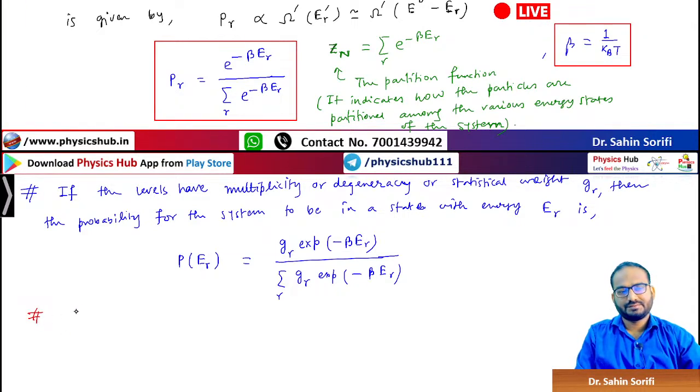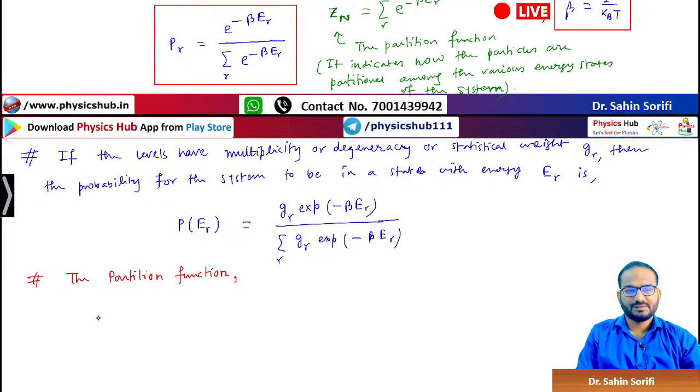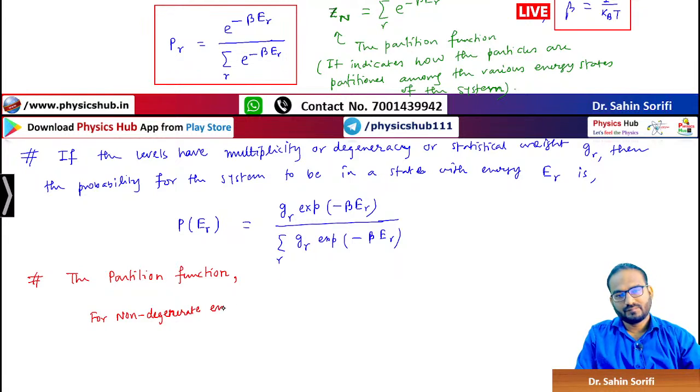Now let's define the partition function. We'll get two expressions: one for non-degenerate energy levels and one for degenerate energy levels.